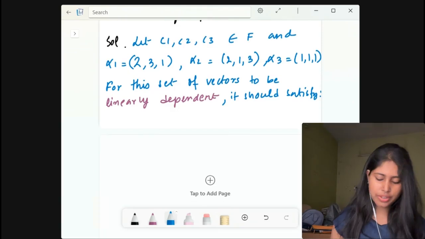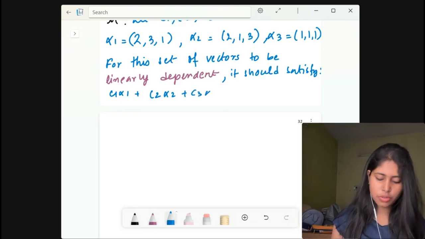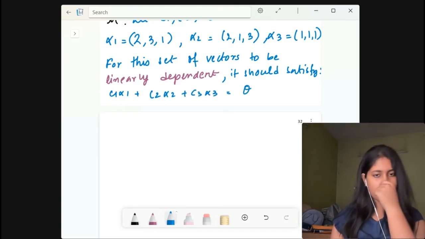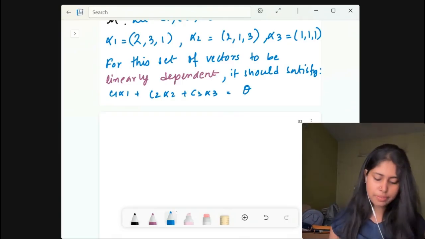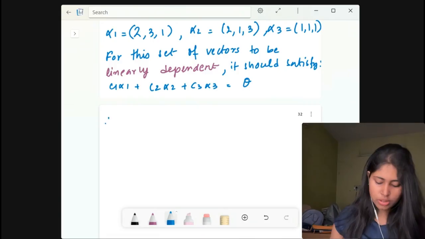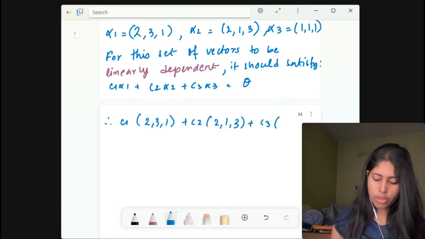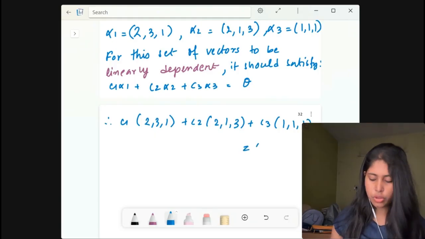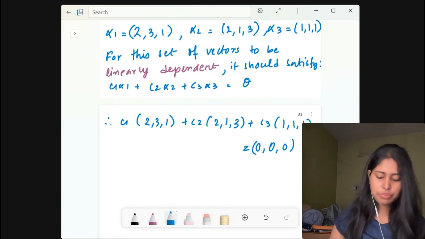It should satisfy c1 alpha 1 plus c2 alpha 2 plus c3 alpha 3 is equal to theta, where theta is the zero vector, right? So here you write it as given: c1 (2,3,1) plus c2 (2,1,3) plus c3 (1,1,1) is equal to (0,0,0).